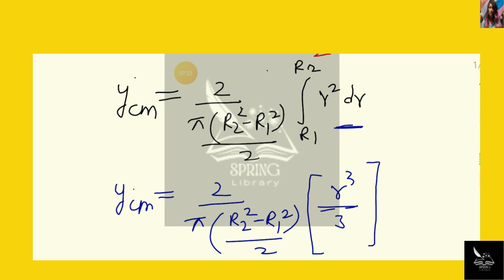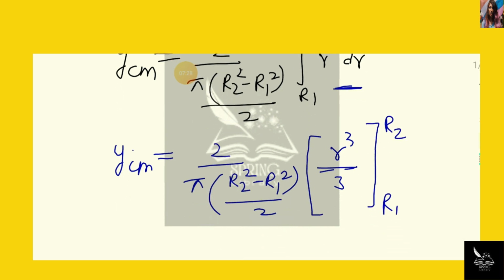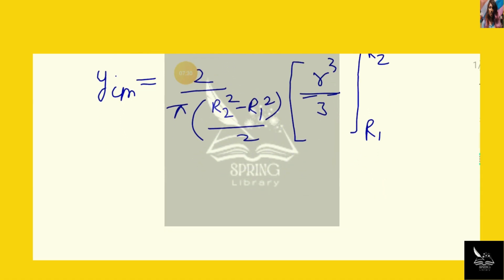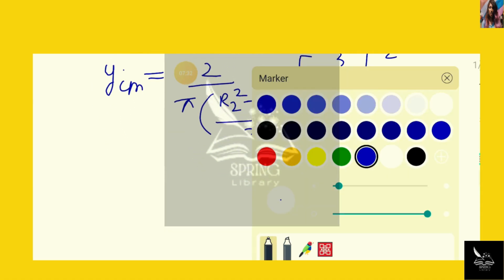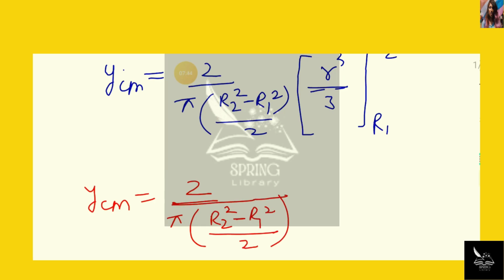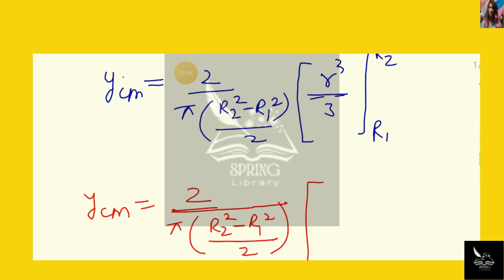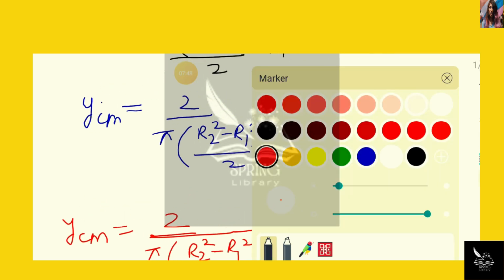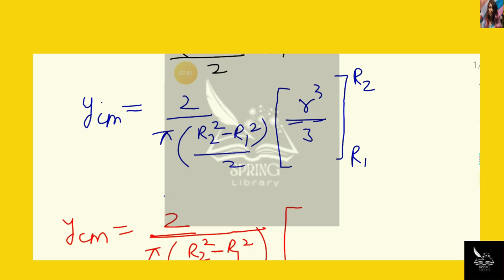Now write the limits, r1 to r2, and apply the limits in the bracket. Using the fundamental theorem of calculus, first apply the upper limit, then take a negative sign, then write the lower limit: r2 cube over 3 minus r1 cube over 3.